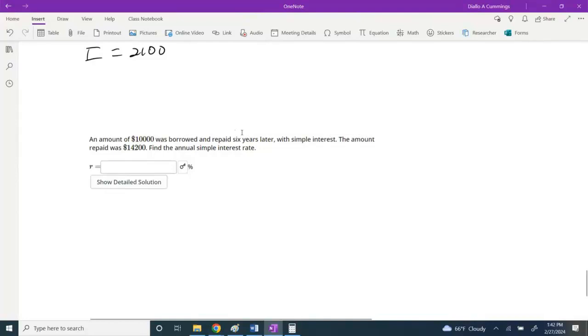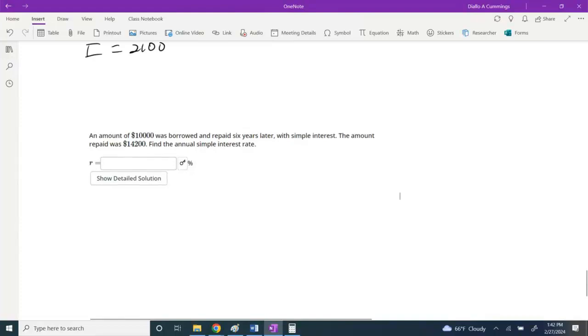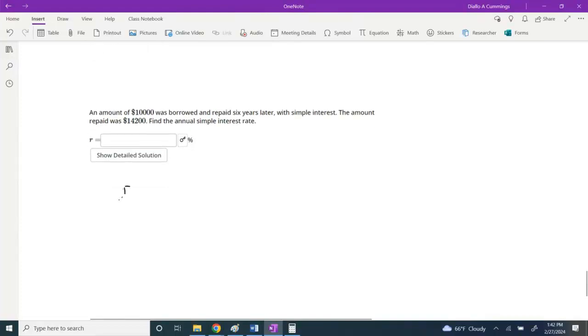All right, so we have to find R. So we have I is equal to P times R times T. What would be the interest?